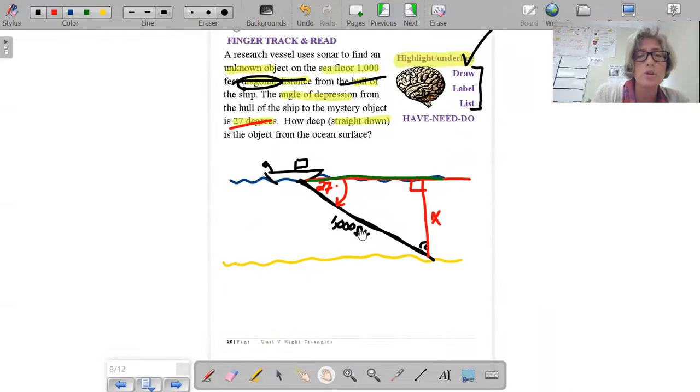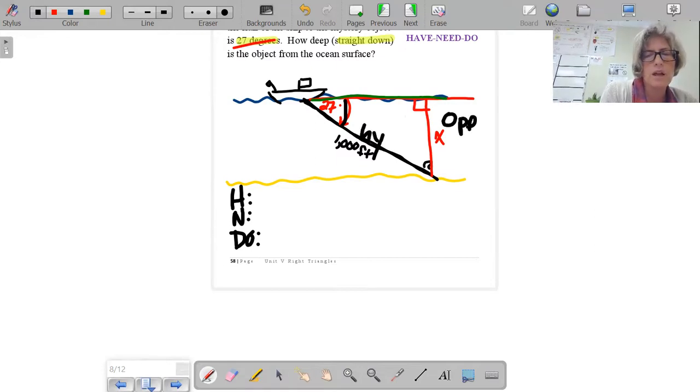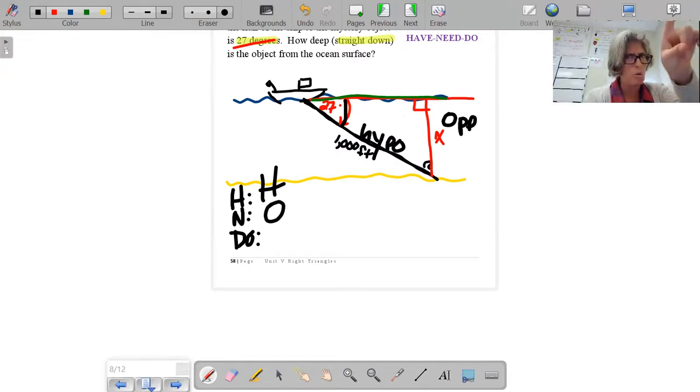Now we're back to have, need, do. From the 27, that would make this the opposite and this the hypotenuse. So we have the hypotenuse, we need the opposite.